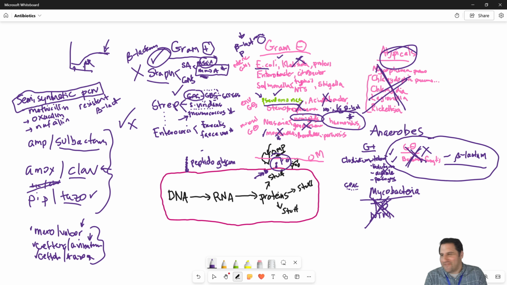But in the community, and it varies very widely depending on where you are, anywhere from 30 to 60% of Staph aureus are MRSA. Which means the majority of Staph aureus still is MSSA, and most of the infections we see in pediatrics still remain to this day MSSA, but MRSA is out there.